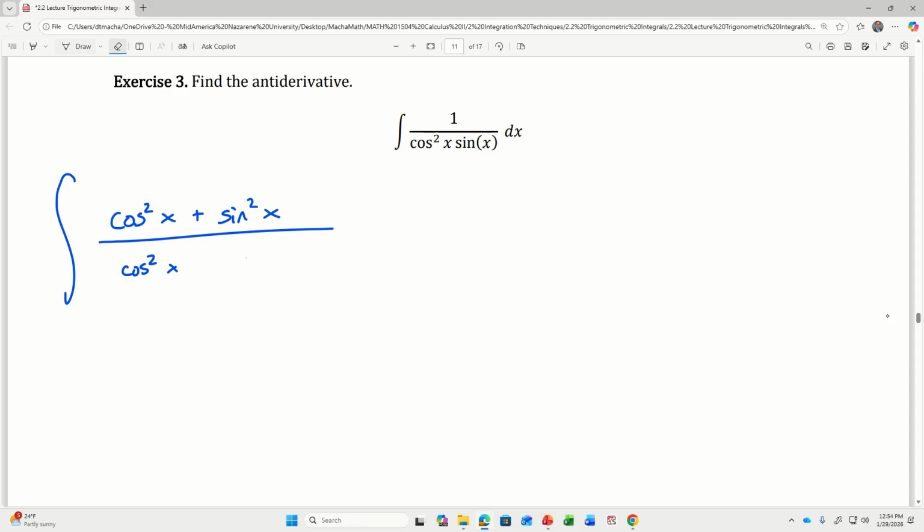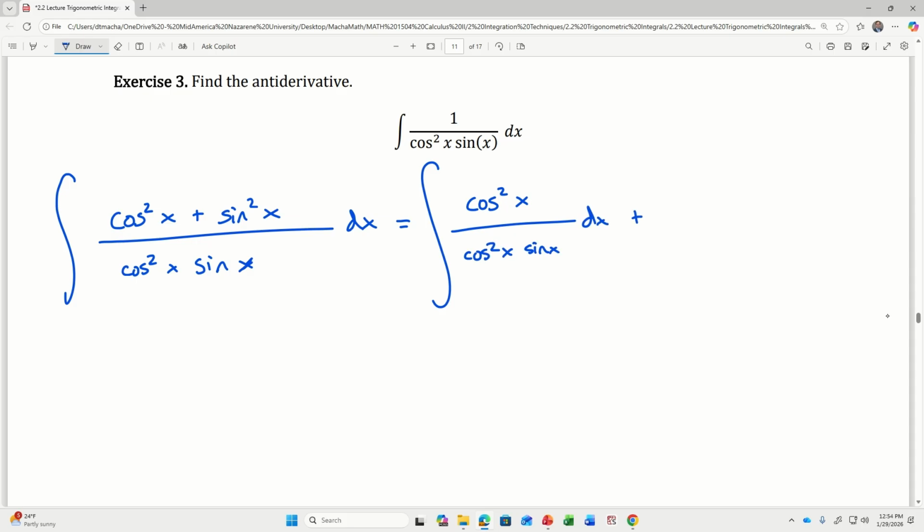In the denominator, I've got cosine squared x times sine of x. By splitting the integral, in one case I'm going to have cosine squared x divided by cosine squared x sine x, and in the other, additivity allows me to write sine squared x over cosine squared x sine x.